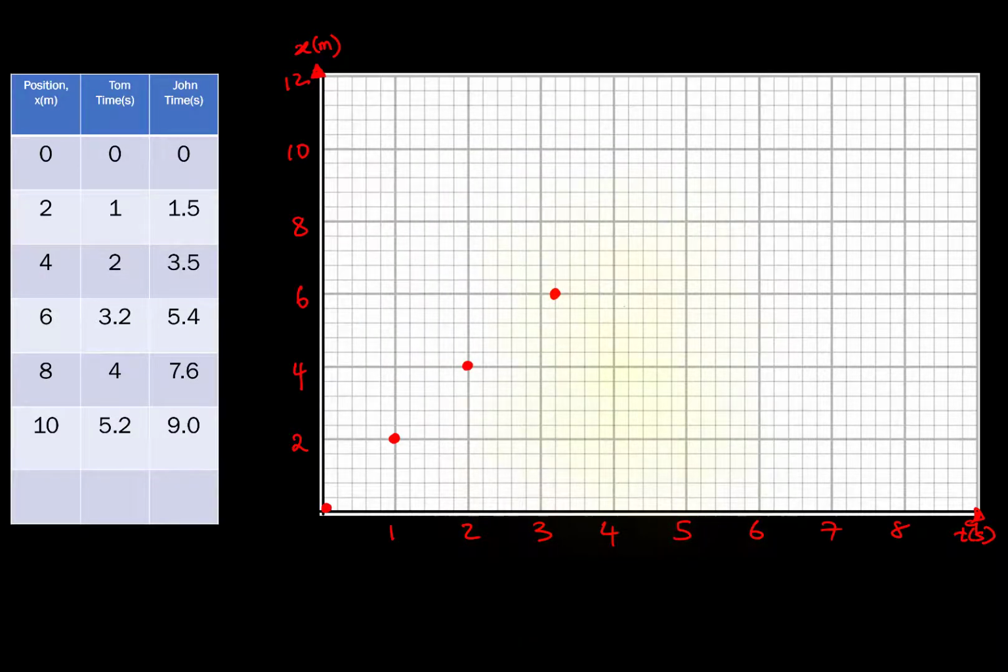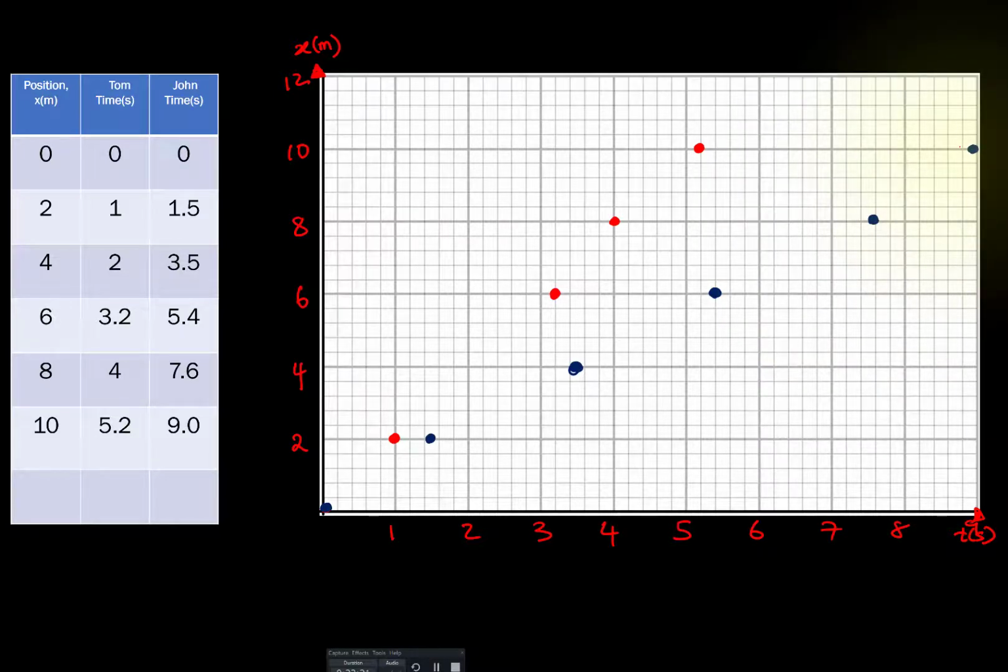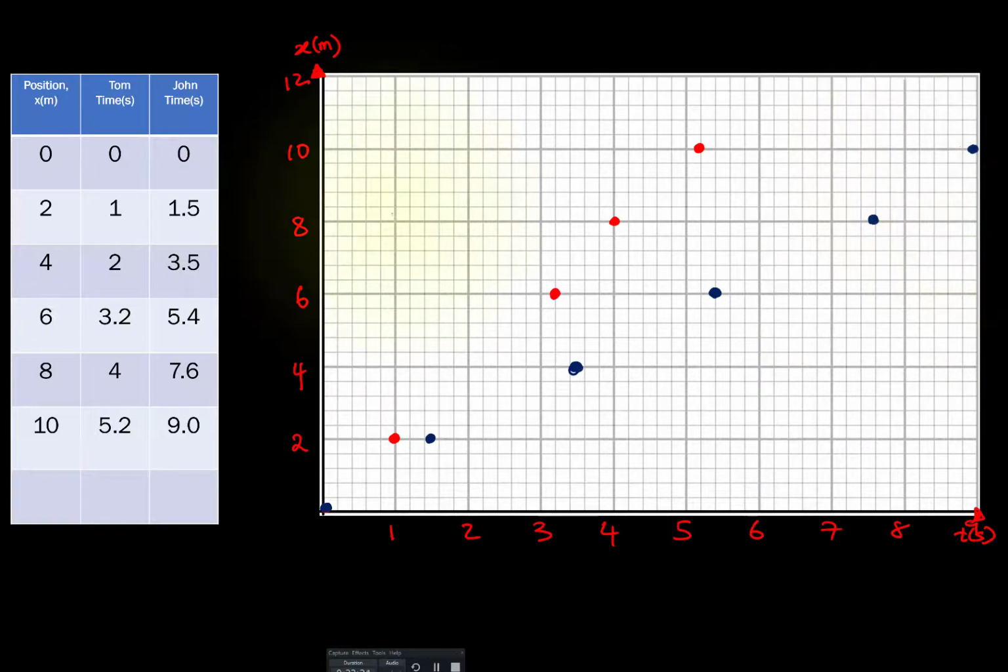At t equal to 4, we are at 8. Now at t equal to 5, we are at 10. So when x is 4, t is 3.5. When x is 6, t is 5.4. When x is 8, t is 7.6. Now when x is 10, t is 9. So let's do the graphs for both of them.